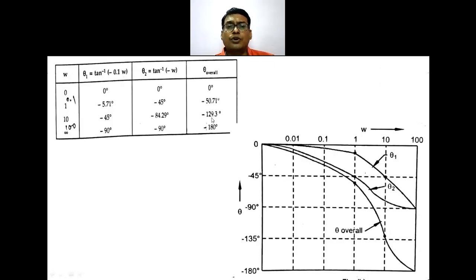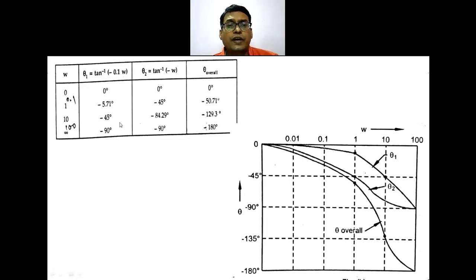Also, you can calculate the intermediate values of 0.1 or 100 or 0.01. All these values can also be calculated. Now here the phase angle 1, theta 1, and phase angle 2, theta 2, will be there.